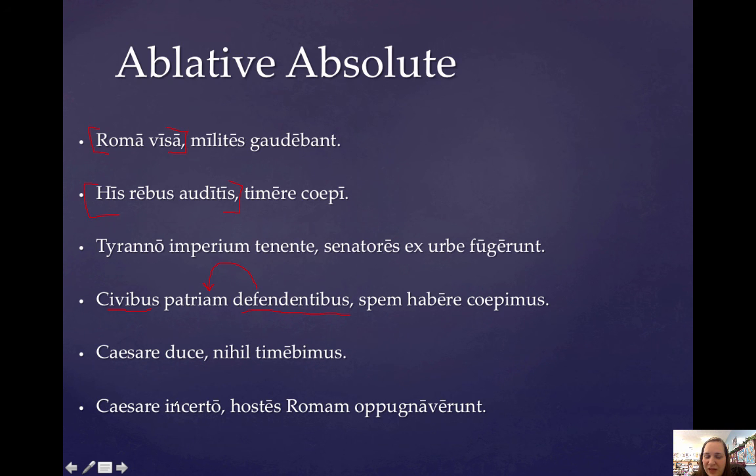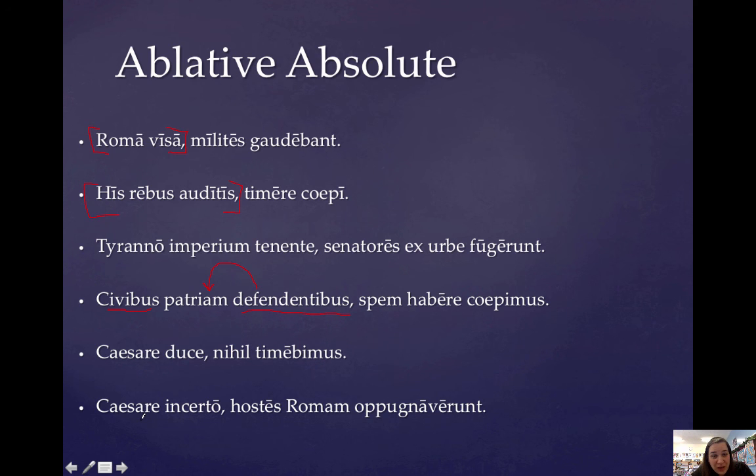Again, here we have a noun with an adjective with the implied verb to be. With Caesar being uncertain, the enemies attacked Rome. So when Caesar was uncertain, or since Caesar was uncertain, the enemies attacked Rome.